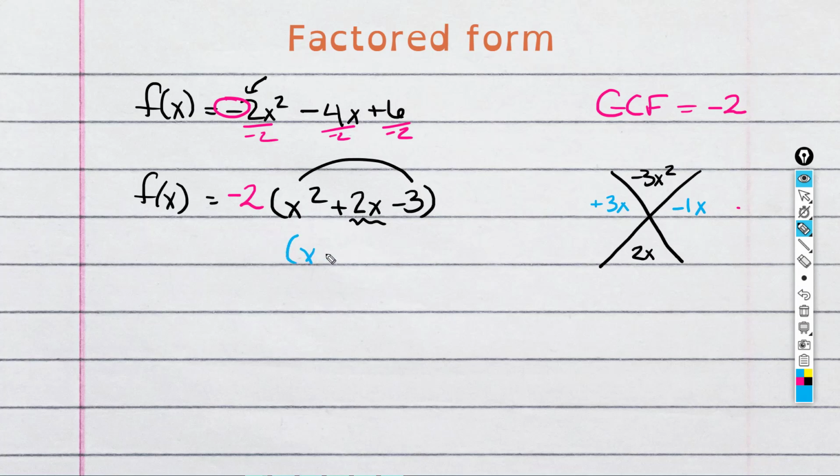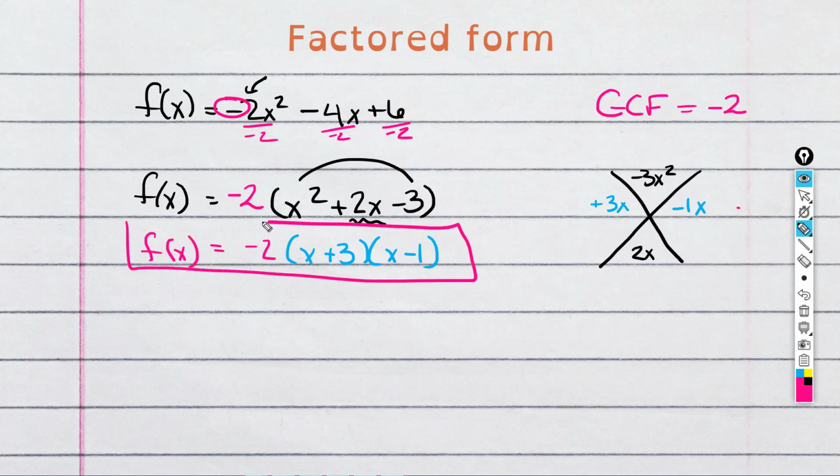And so I have x plus 3, x minus 1, with that GCF hanging out in the front. And so f of x is equal to negative 2, x plus 3, x minus 1. And so that is your factored form.